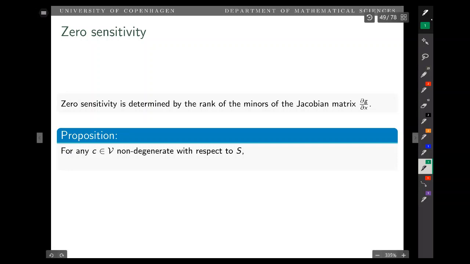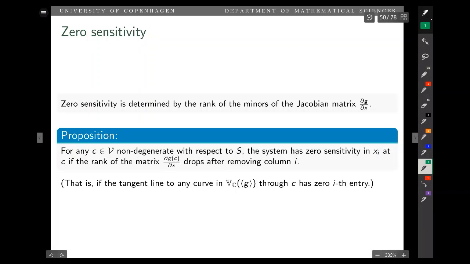Well, if I remove the column corresponding to xi, the ith column, and this makes the rank drop, this means that there is zero sensitivity, because what I'm checking with that is precisely that the tangent line to any curve through that point is perpendicular to the xi axis. This is exactly the check that I'm doing by looking at the drop of rank of the Jacobian matrix when I remove the column corresponding to this species.